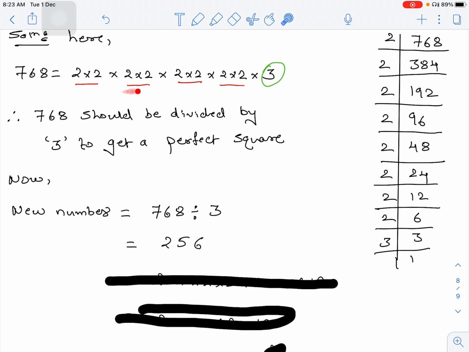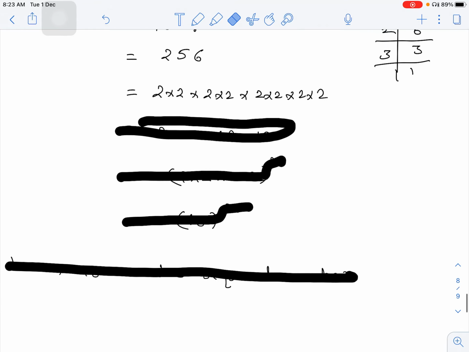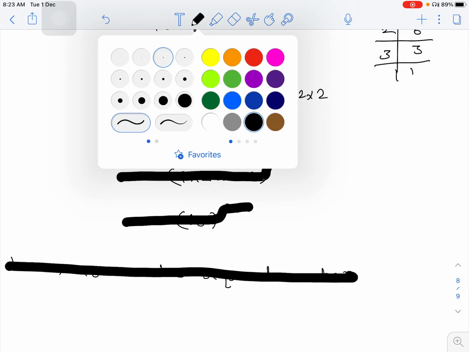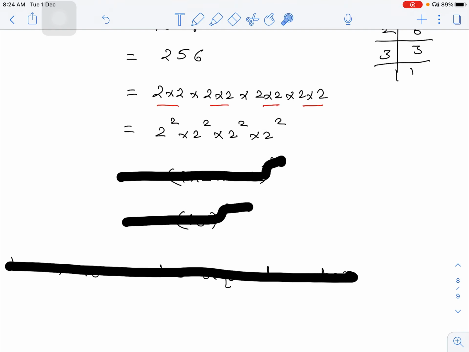Now this 256 means what? Let us write its factors. This 256 can be written as 2 into 2 into 2 into 2, 2 into 2, and again 2 into 2. It means that all these numbers are in pairs. Now in the next step I will write it in terms of squares.